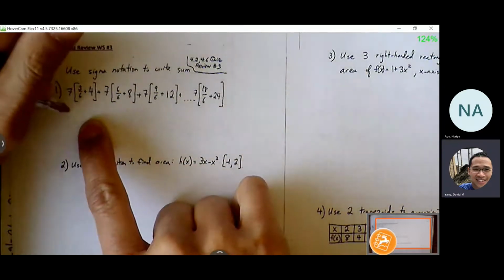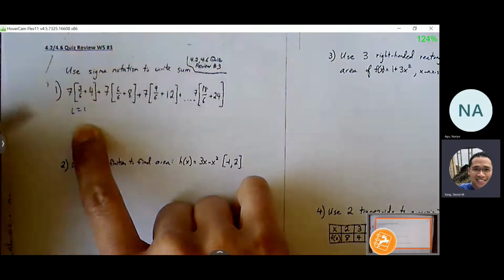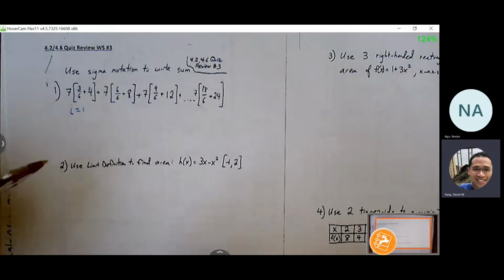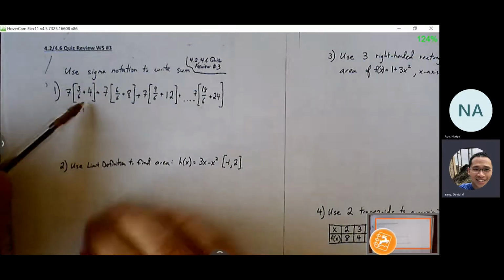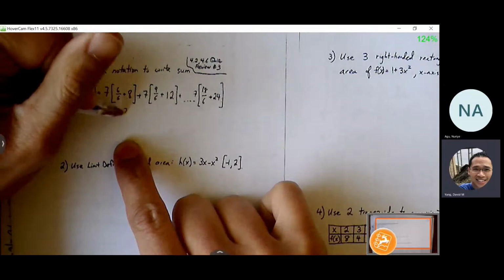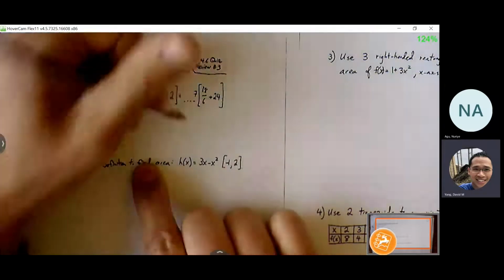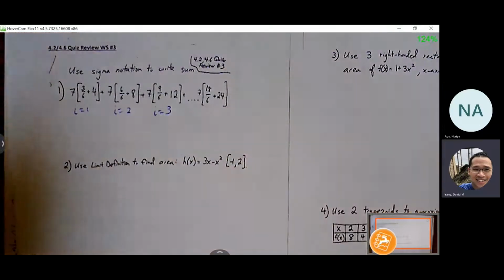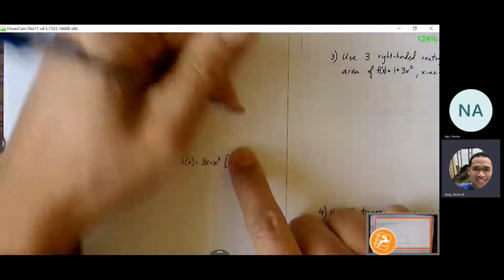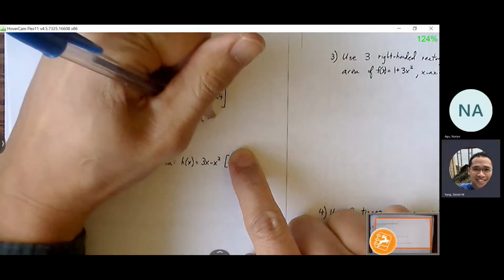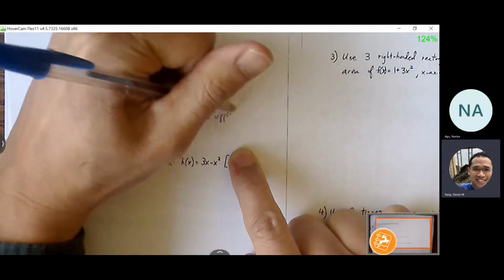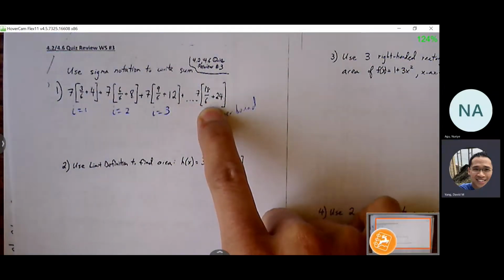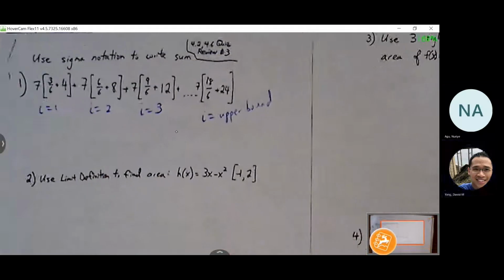Typically, we want to create a pattern where if I plug i equals 1 into the expression, into the rule, it'll give me this value. If I plug 2 into the same expression, I'll get this value. I equals 3, and then dot dot dot means that there's going to be a gap, and then i equals the upper bound. We have to figure out what is the upper bound that will allow us to get that final value.